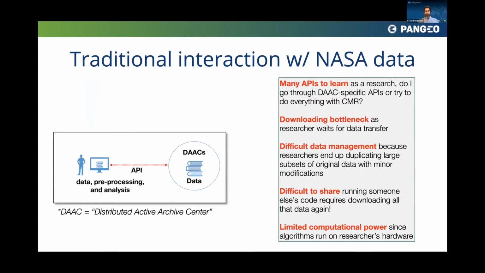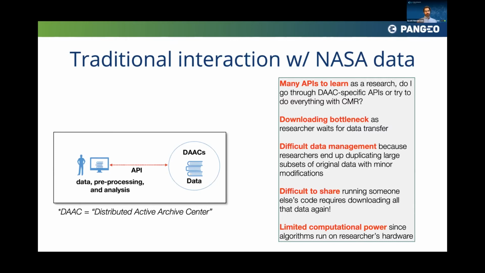Traditionally, and probably still today, I'd argue that a lot of folks are accustomed to working with NASA data by going directly to a specific NASA distributed archive center, or DAC. This is great because we have domain specific places to get access to data sets. But each of these distributed archive centers often has a different API that you have to learn if you want a specific data set there.